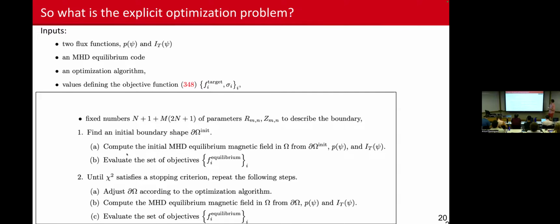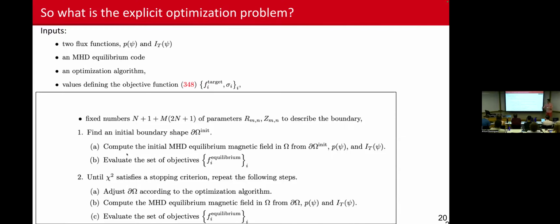And then what do you do? Well, you start with some RMN and ZMN. You fix some reasonable initial starting guess for the boundary, and then you compute the equilibrium from that boundary and from the profiles that you gave, and then you evaluate your objectives from that equilibrium. And then you just keep doing this.